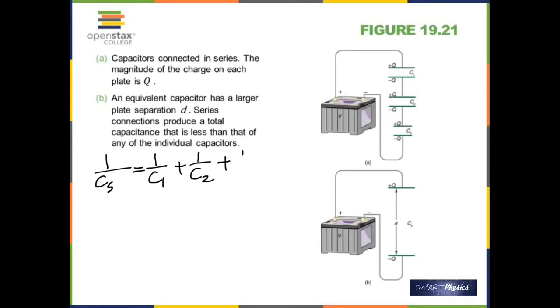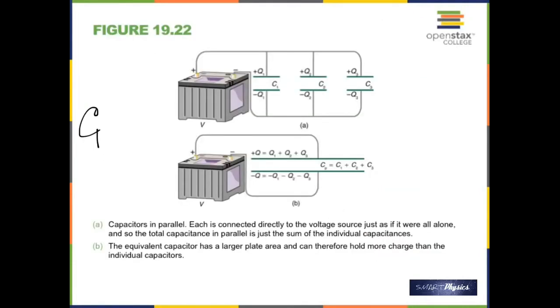So 1 by Cs, that's the total capacitance when you connect it in series, is given by this formula. But if you connect them in parallel, that is like increasing the area of the plates, and therefore the capacitance increases. And in this case, to find the total capacitance, you just have to add the individual capacitances.